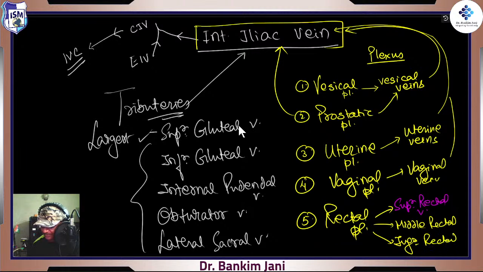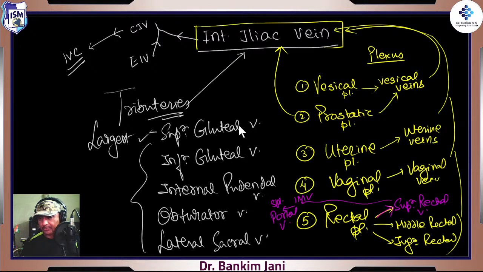While discussing the rectum, we said this is a very, very important association, because middle rectal and inferior rectal finally land into internal iliac, but the superior rectal goes to the inferior mesenteric vein, then the splenic, and all the way to the portal vein, right? So now it is clear why these plexuses are so important.